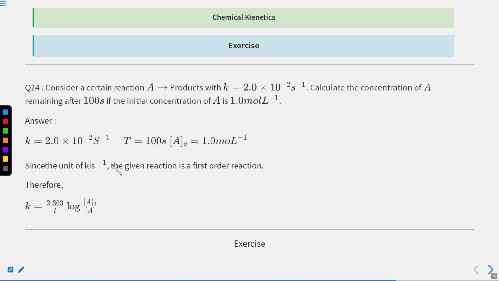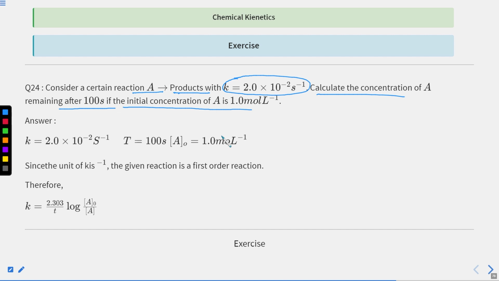Now, next question. Consider a certain reaction of A with this rate constant. Calculate the concentration of A after 100 seconds if the initial concentration is this. Now you would say, sir, we are not given the order of the reaction, how will we solve the question?